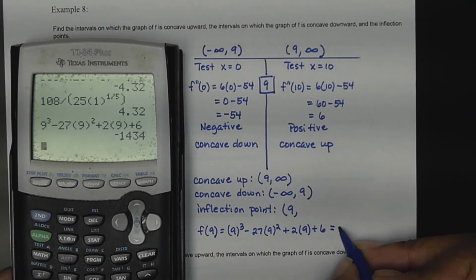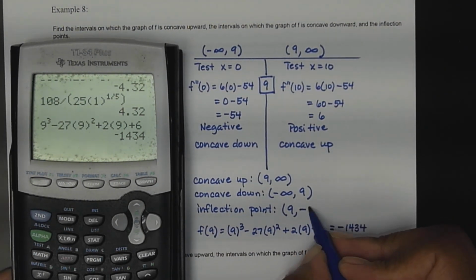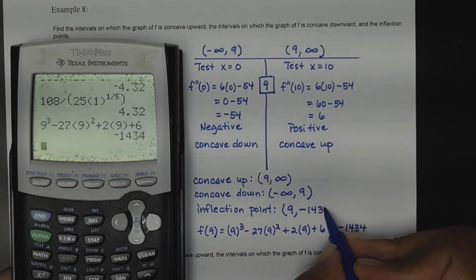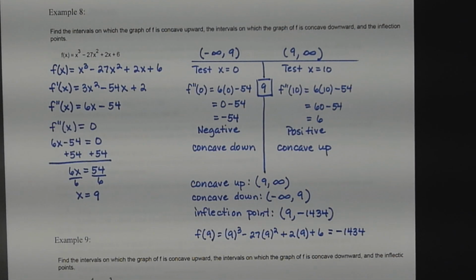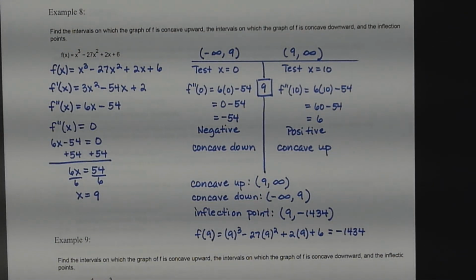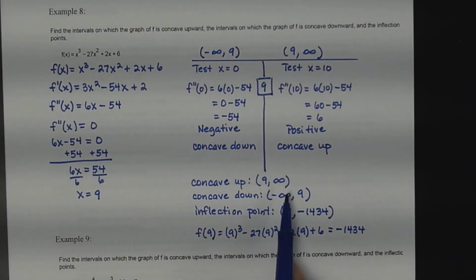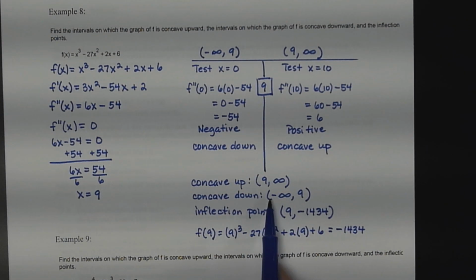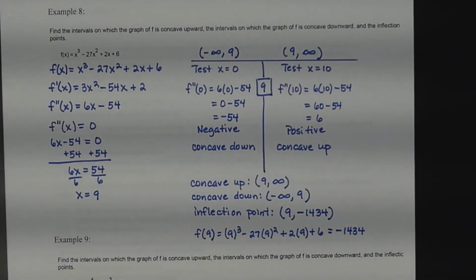I end up with negative 1434. So our point of inflection in this case would be the ordered pair 9, negative 1434. Okay? It's concave up from 9 to infinity. The interval where it's concave down is from negative infinity to 9.